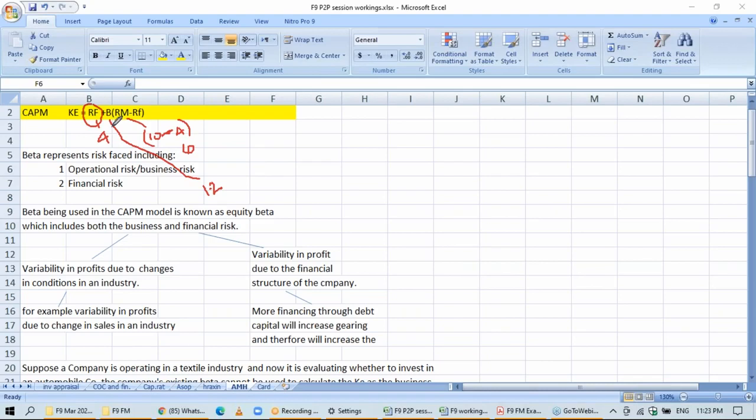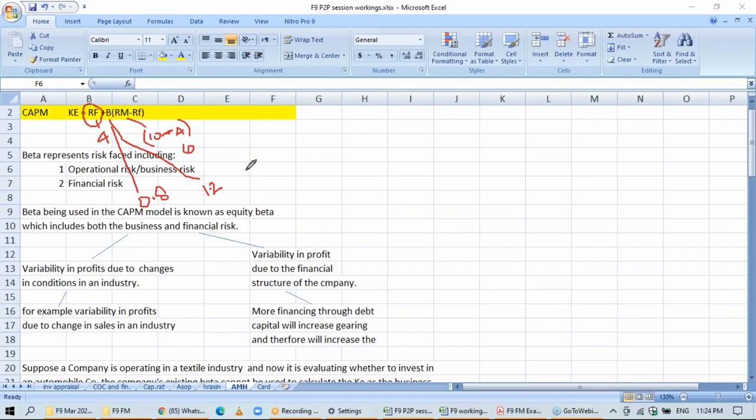But if the beta is 0.8, this means the investment you are seeking is less risky than the market portfolio. So over here 6 by 0.8 means 4.8, plus 4, 8.8 will be the cost of equity. So the cost of equity depends on the risk of investing in a particular project, right? So this is what the capital asset pricing model teaches you.